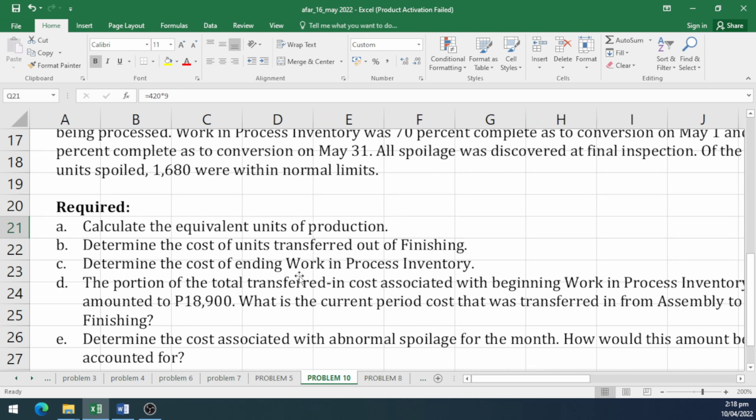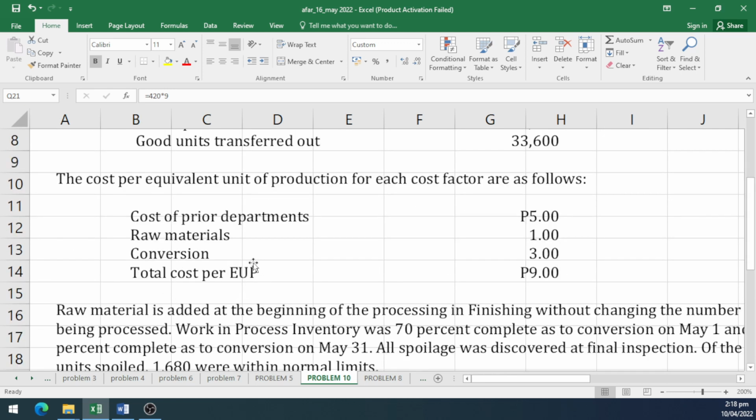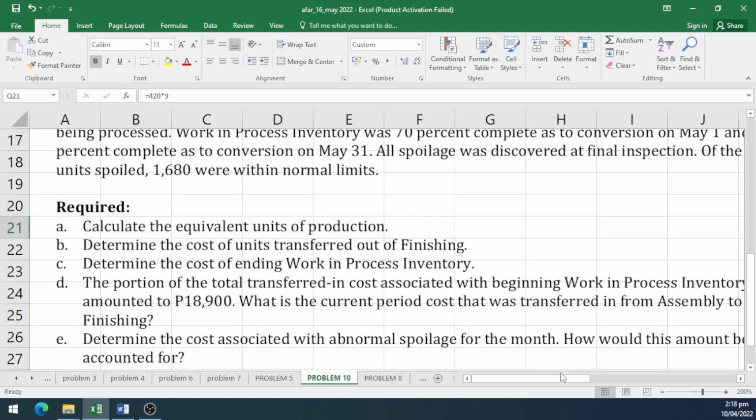So, beginning work in process ng transferred in, 18,900 daw. Yung cost per EUP ng prior department, 5. O, di ba, ang pag-compute niyan, cost of prior department beginning inventory plus cost of prior department transferred in this month divided by the EUP. Ang tinatanong is yung transferred in this month, ano?